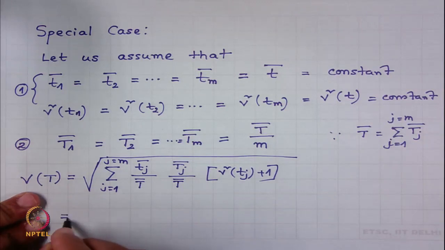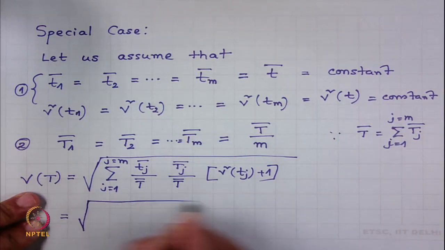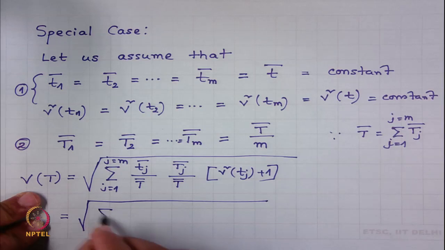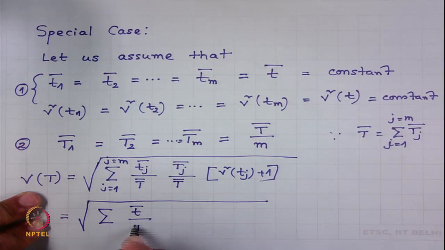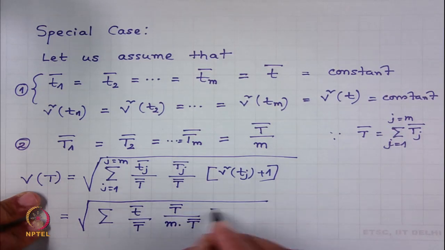So, this is your T bar, this is T bar by m and T bar is there already.